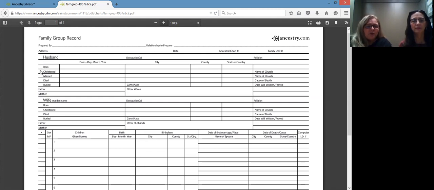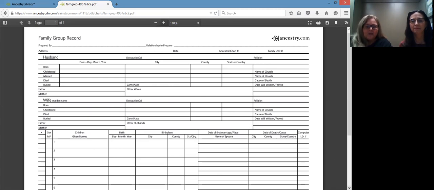But you'll do the birth, the christened, married, when they died, where and when they were buried. Also, if there was a will, cause of death, maybe the name of the church, the state, the county, and the city, and then the wife's name and all of her information. You could also put in what their occupation was, whether it be a farmer, a librarian, the sheriff, or whatever.